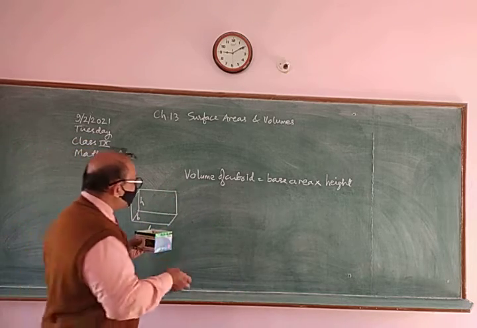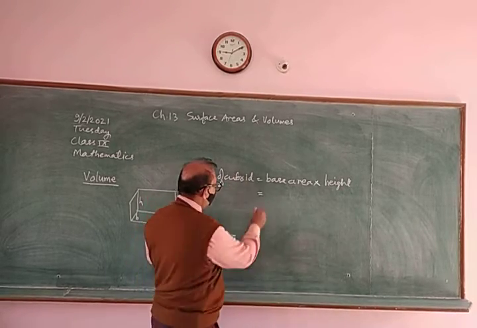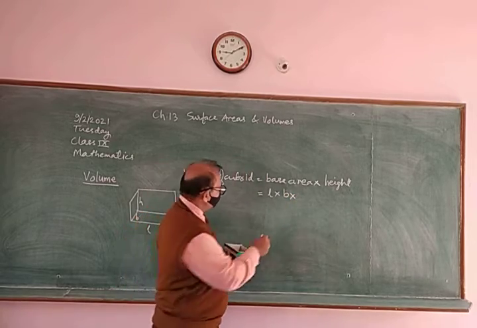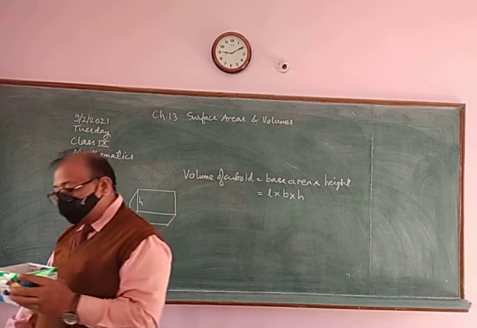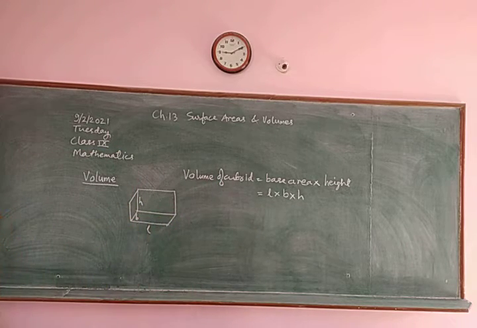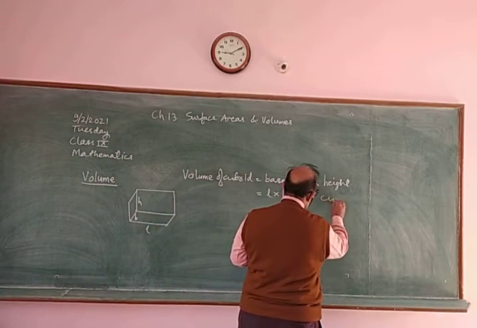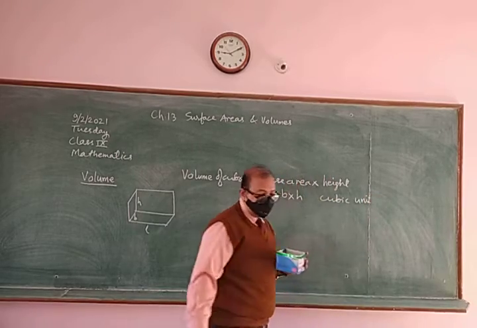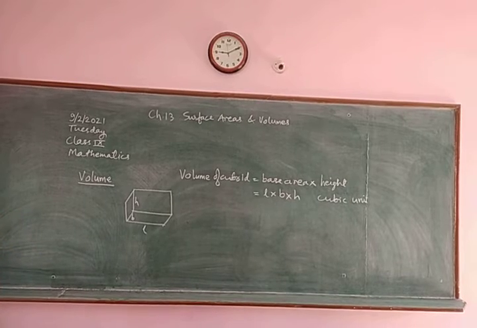The base area is length into breadth and height is h. So volume is length into breadth into height. The unit of volume is cubic unit. Clear? How do we find the volume of a cuboid? Length into breadth into height.